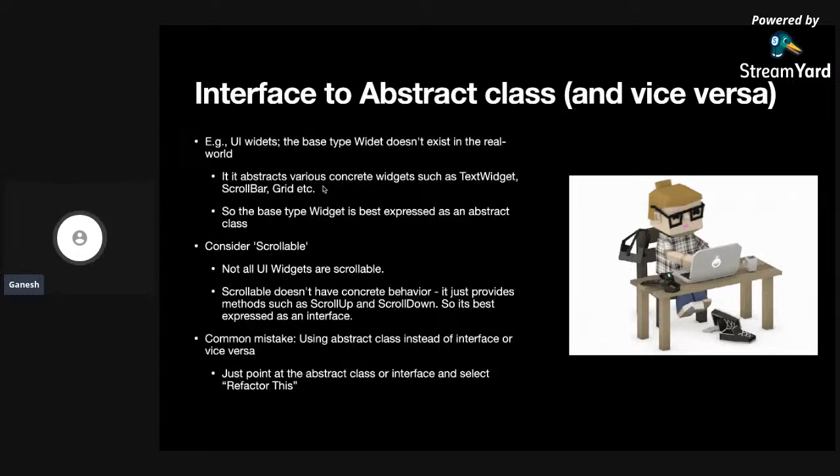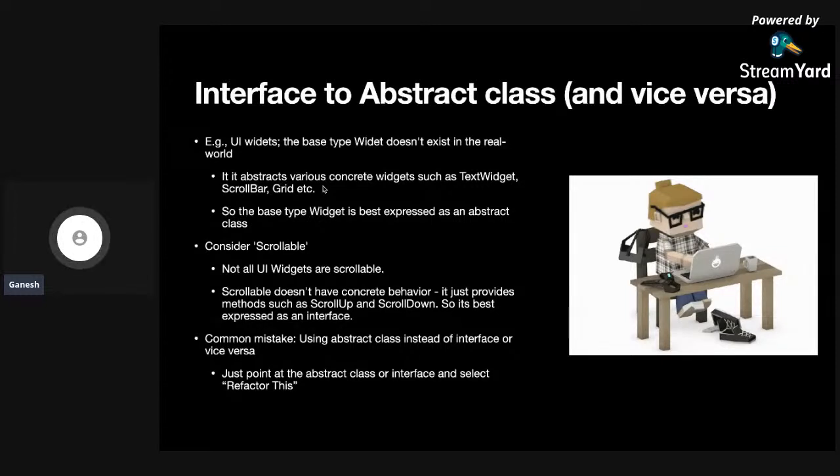So it's best expressed as an interface. In other words, we use interfaces when they are adjectives or optional properties or optional features that an abstraction can have. Whereas with abstract classes, we have concrete abstractions and we are generalizing the properties and the behavior of the classes to create a base type.